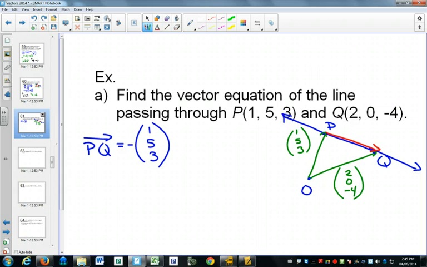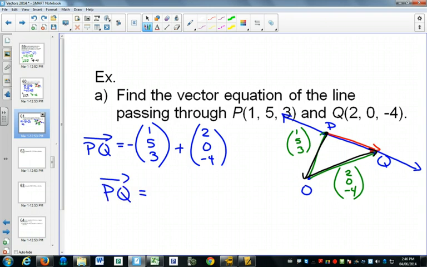Negative, because I would need to go starting at P back to O, then add 2, 0, negative 4, because once I get to O, I need to go to Q, and that would be the resultant red vector. So PQ is 1, negative 5, negative 7.